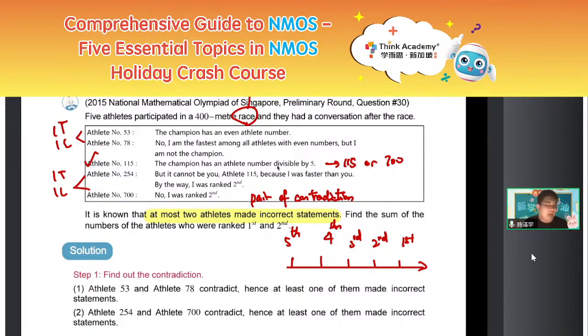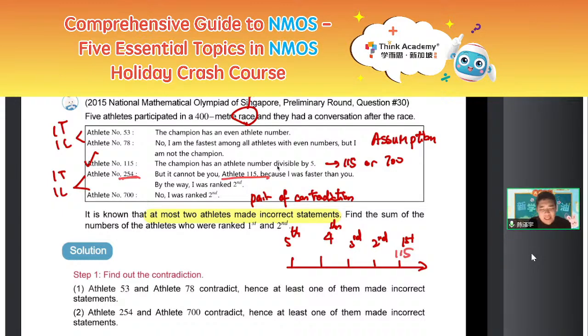So whenever we cannot decide, we have two options. Let's make an assumption. Okay, so it's assumption time. Now let's say 115 is the champion, okay? So we start with the assumption. If 115 is the champion, I label it at the first place. Now who ranked second? Let's first of all think about this. This guy is talking to number 115, right? But he says, athlete 115, you are not the champion because I was faster than you.